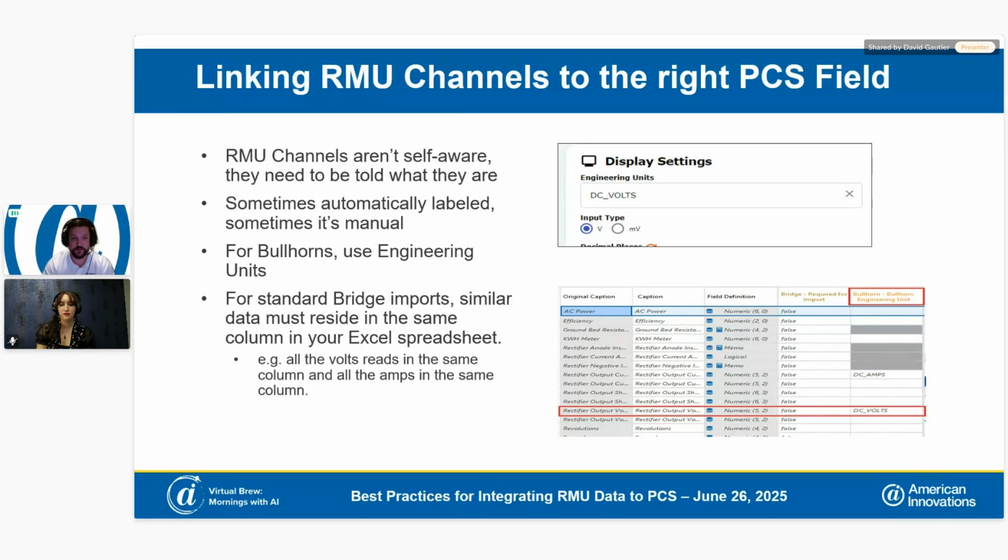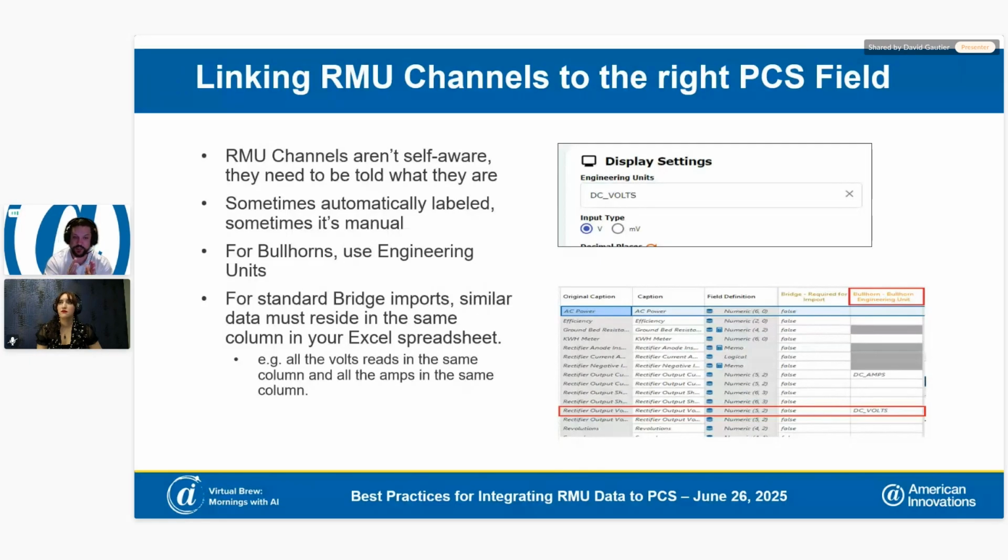And specifically around your RMU channels, the thing that is most critical is that all of your volts readings are in the same column and all of your amps readings are in the same column. Because similar to how we're mapping with engineering units, when you're manually importing from a spreadsheet, we're going to say this column, which has my volts, maps to my rectifier output volts found field. And this one that has my amps is going to map to rectifier output current found.